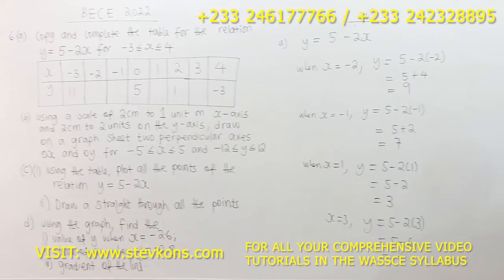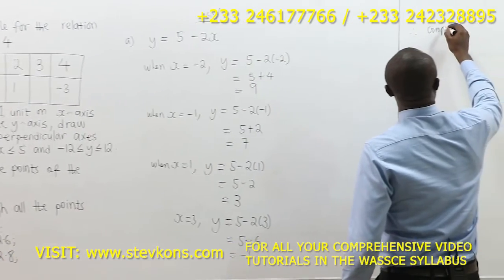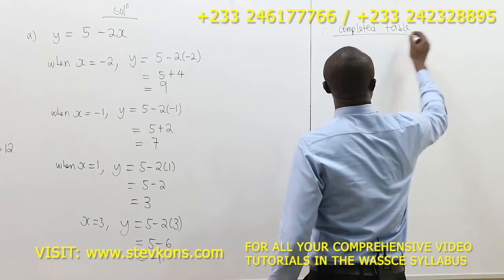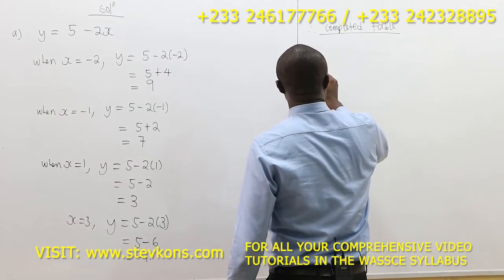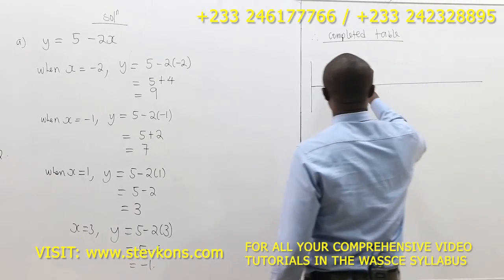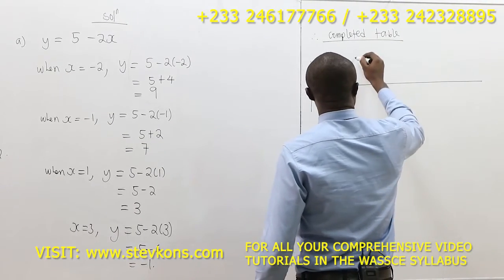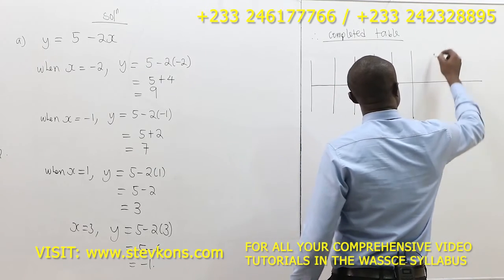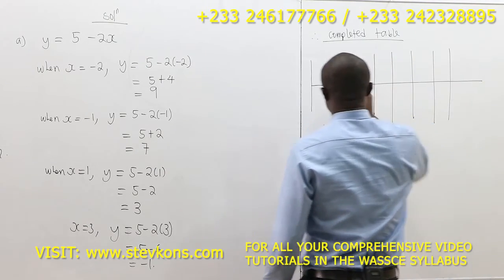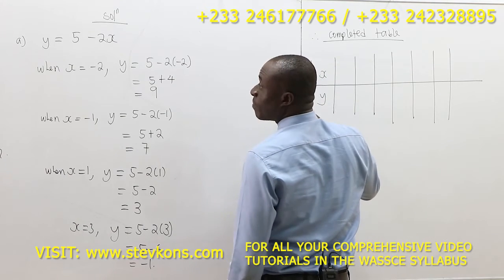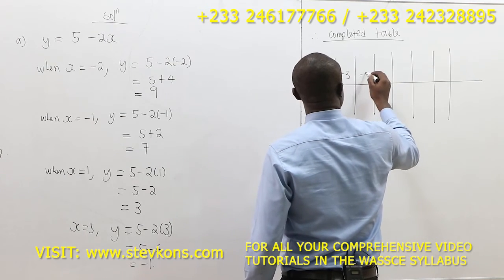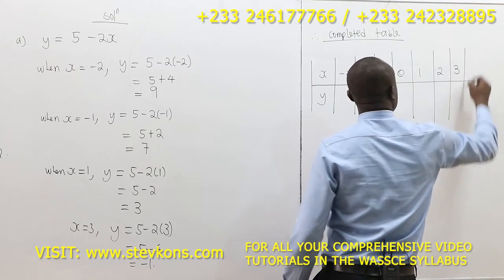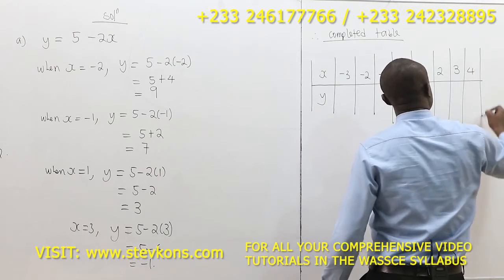Therefore, we have to come to our completed table. So we have our completed table. That's our x, y. We have negative 3, negative 2, negative 1, 0, 1, 2, 3, and 4.